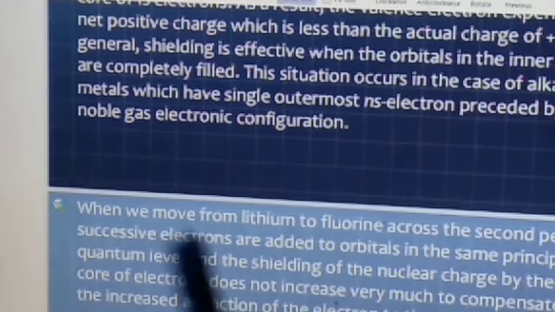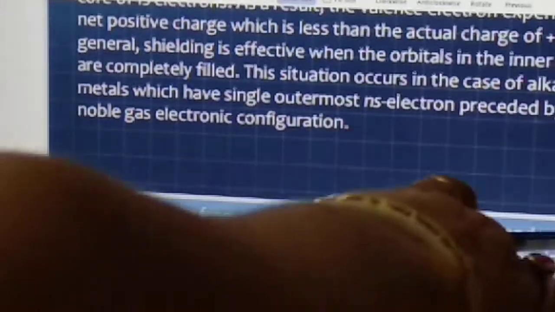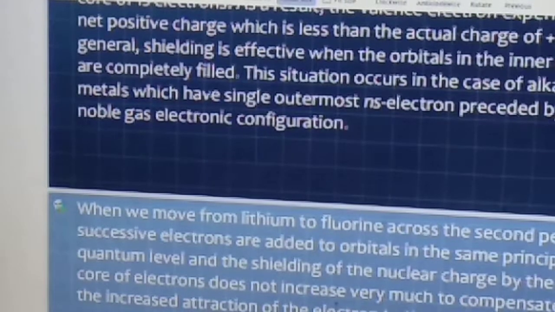My dear children, when we move from lithium to fluorine, fluorine atomic number 9, electronic configuration 1s2, 2s2, 2p5, across the second period, successive electrons are added to orbitals in the same principal quantum level. So shell number is not increased, but electron number is increased.